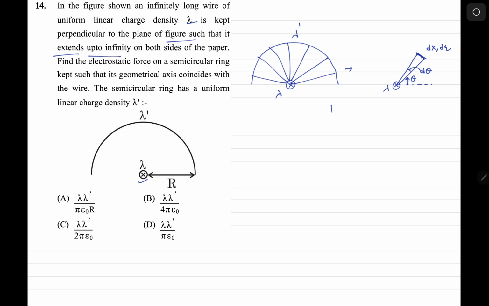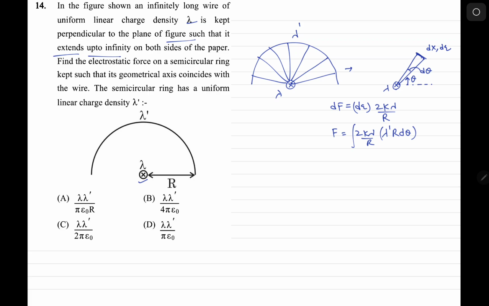The force will be dq into the electric field due to the wire, which is 2k lambda by R. The distance is the radius. So the force is 2k lambda by r, and dq we can write as lambda dash into dx, and dx is r d theta.